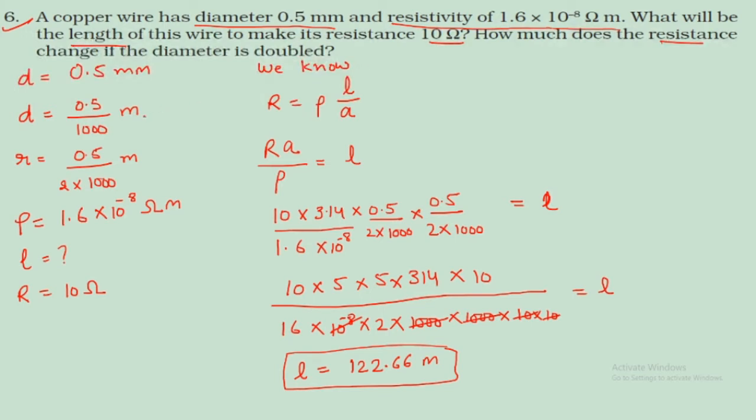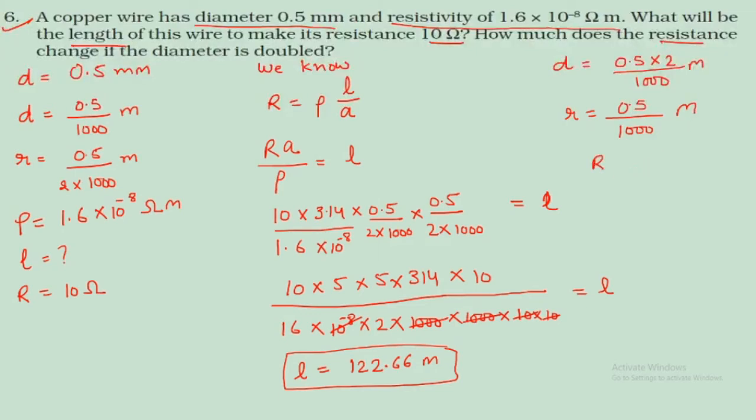So the diameter D equals to 0.5 into 2 upon 1000 meter. So radius r equals to 0.5 upon 1000 meter.